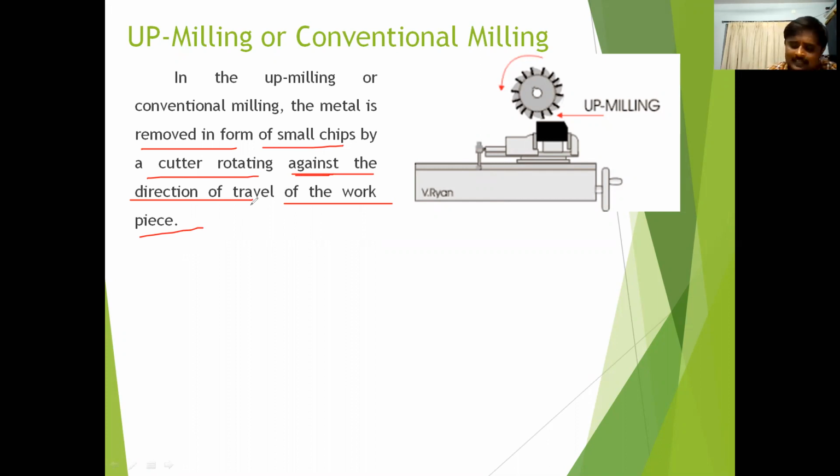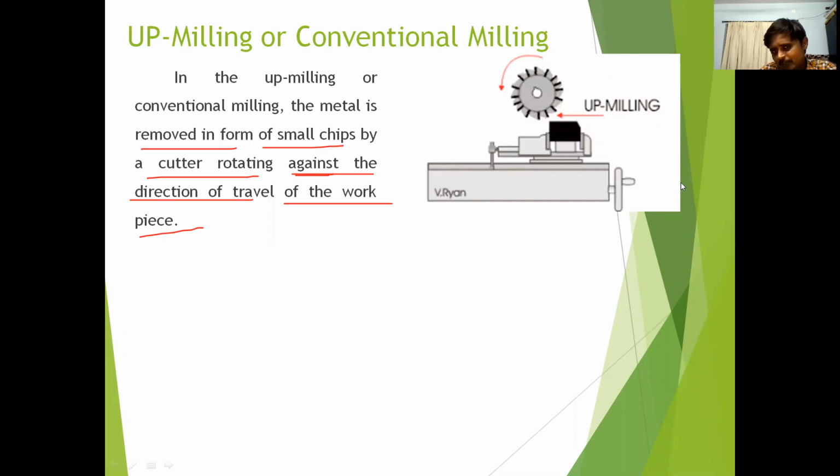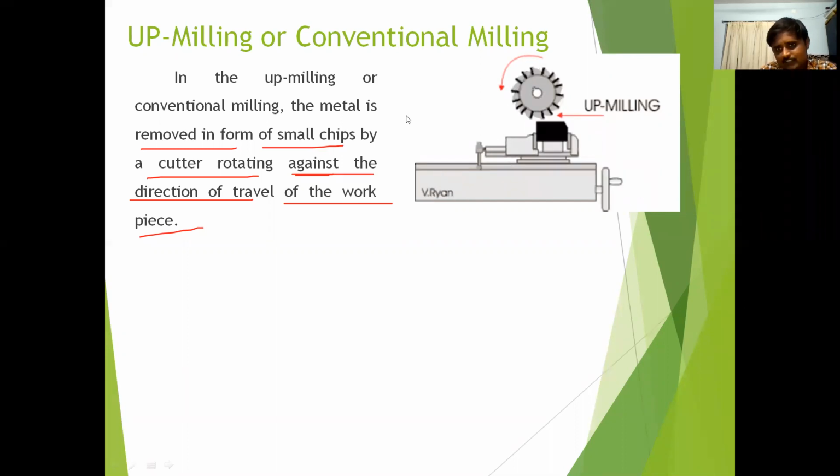So here the direction of rotation of the cutting tool and the direction of movement of the work table are opposite. Now you can observe this image, this animation. Here we are giving the feeding by moving the work table.